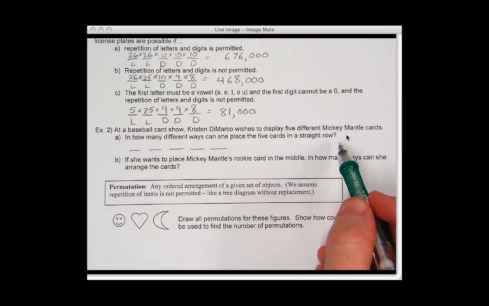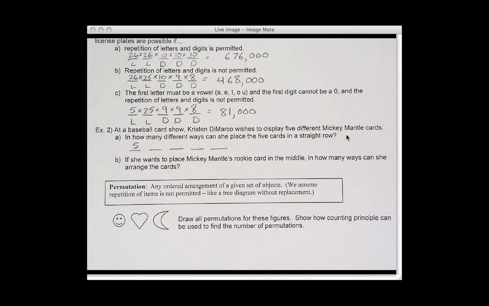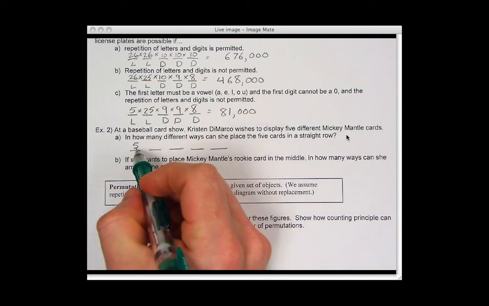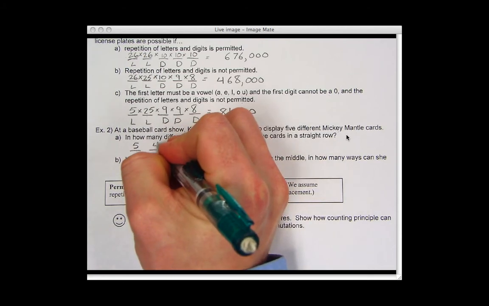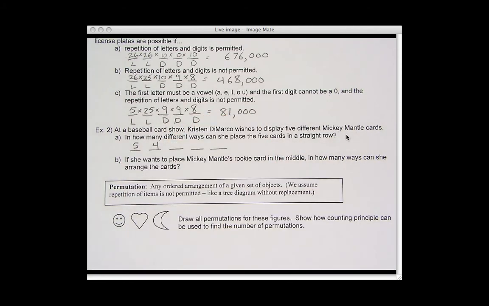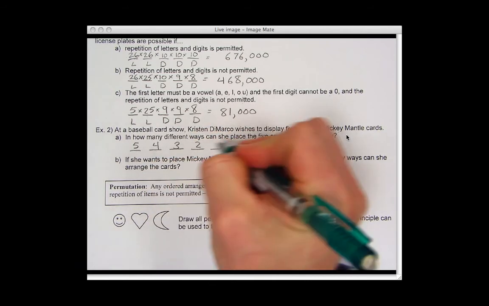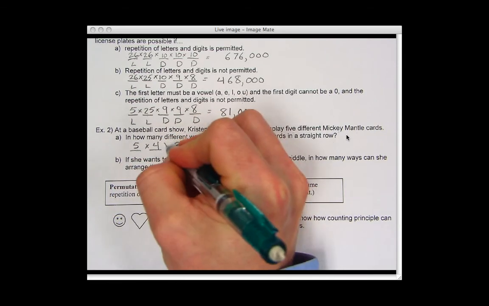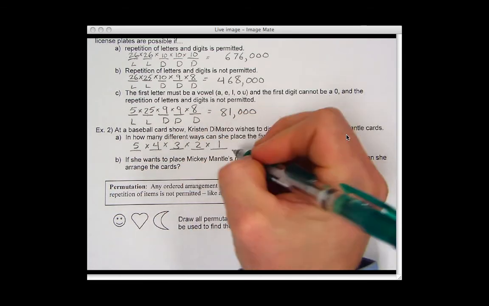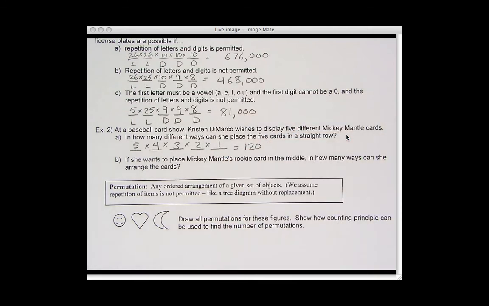Okay, well there's no stipulation, so any of the 5 cards could go there. But once we put a card there, we obviously can't put it in the second spot. So now there's only 4 cards available, and once we use that card, then there's only 3 cards, 2 cards, and then 1 card. So we multiply our possibilities together. And we have 120 different arrangements of the 5 Mickey Mantle cards.